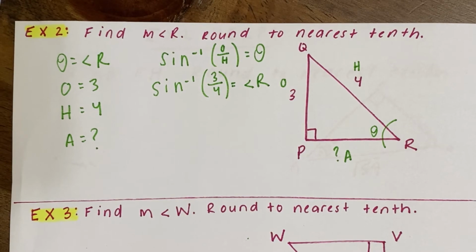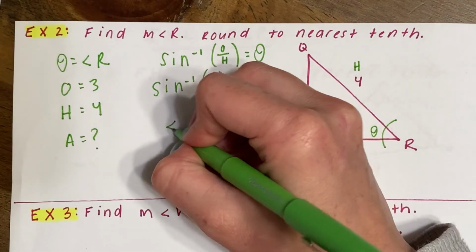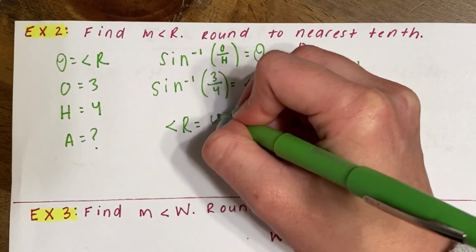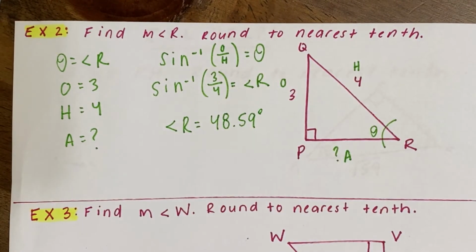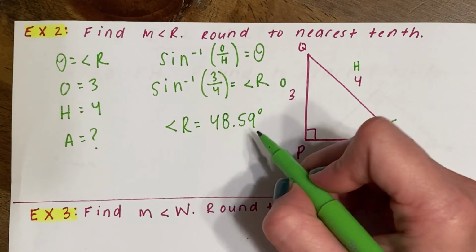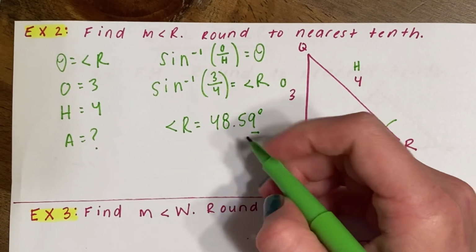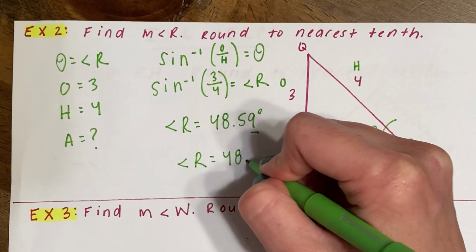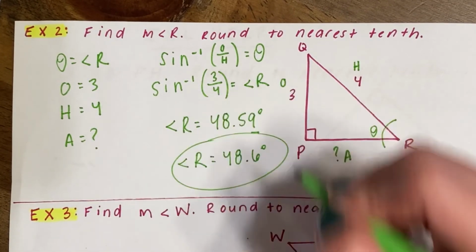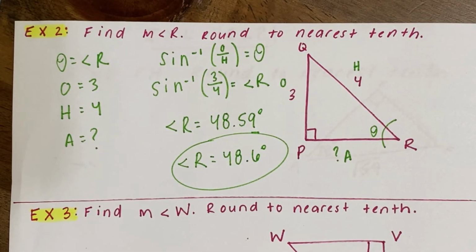Inverse sine of 3 divided by 4 is 48.59 degrees. Okay, and again, I'm asked to round to the nearest tenth. This 9 is going to round the 5 up to a 6. So I have 48.6 degrees. Okay.